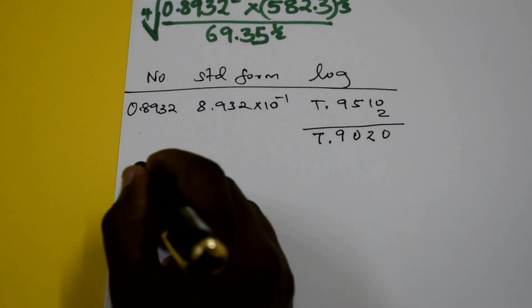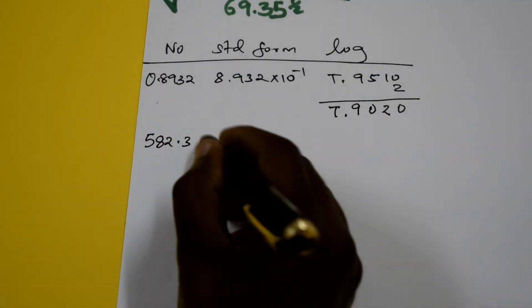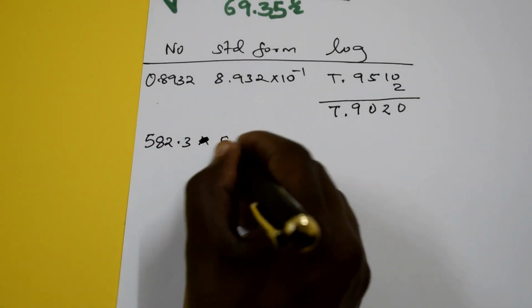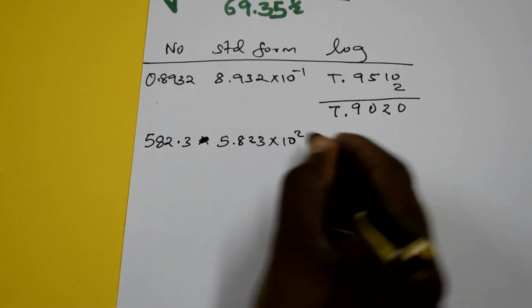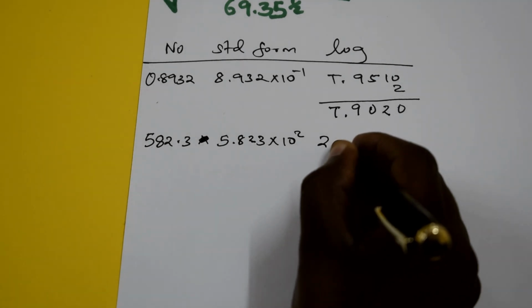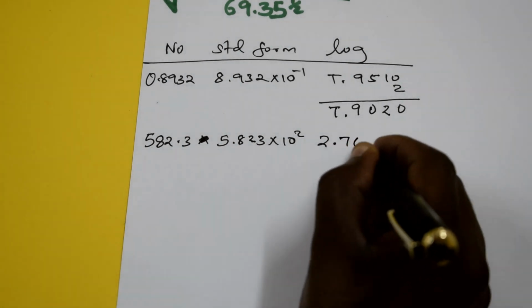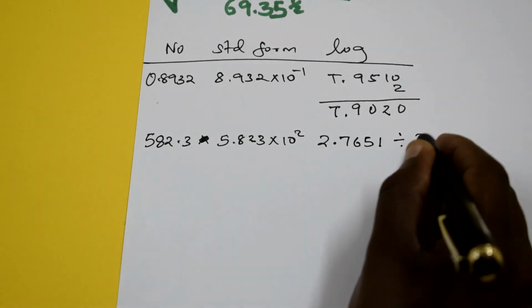Then we get 582.3, which is 5.823 times 10 power 2. So we get 2.7651. We are supposed to divide this one by 3.